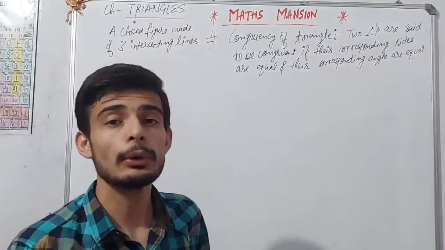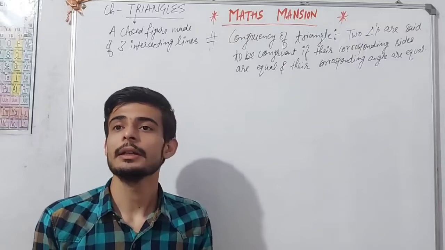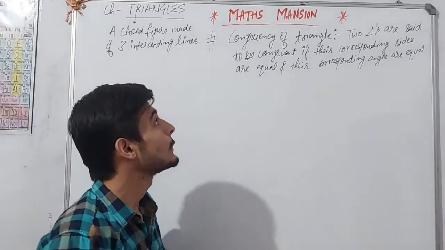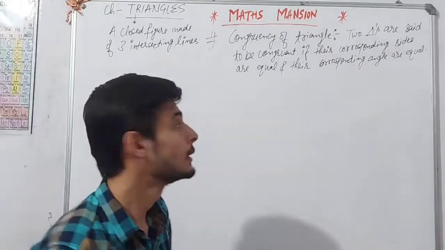Then we can say that the two triangles are congruent.